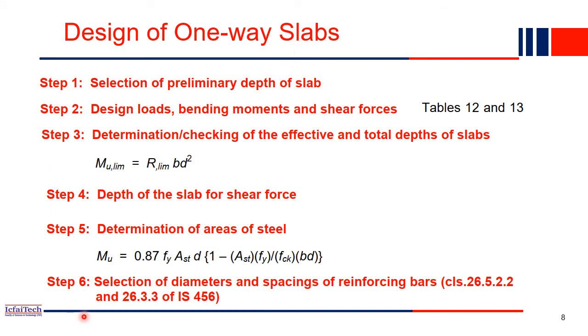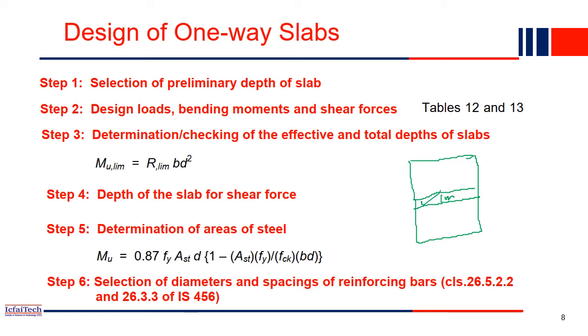What are the different steps to design one-way slabs? From basic scratch we'll be starting. Step one is selection of preliminary depth of the slab. What we have now understood is that a one-way slab is nothing but a beam design, right? Because one-way slab means one dimension is very long compared to the other two dimensions. That means basically we are designing a beam, the only difference being that it is a 1 meter width beam.